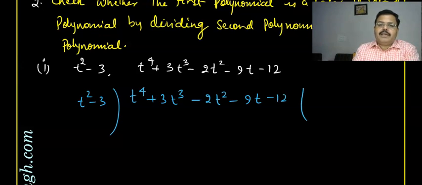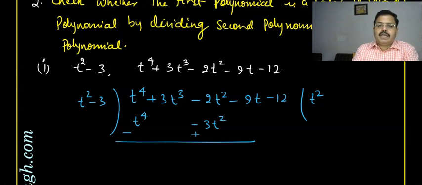Now the quotient can be written on this side. First of all, undoubtedly you can say that the factor is t square, so that t square multiplied with this t square will be t4. So write this. Minus 3 multiplied by t square is minus 3t square. That is minus, this will be plus, and these two cancel out. Now it will be 3t cube and plus 3t square minus 2t square is plus t square, isn't it?